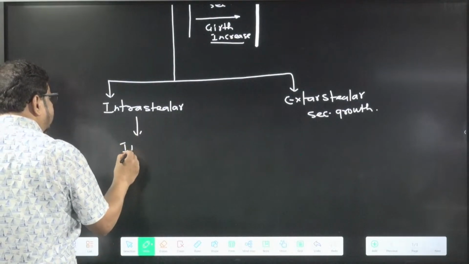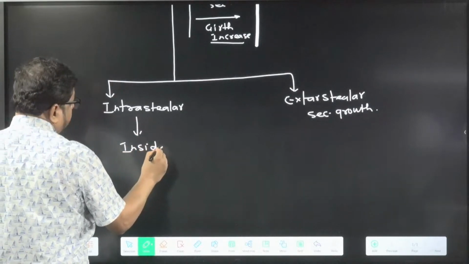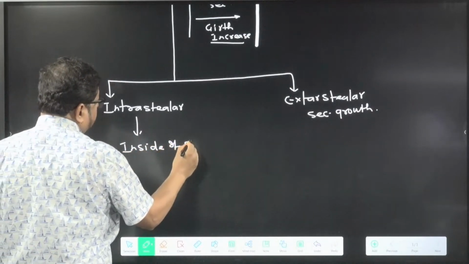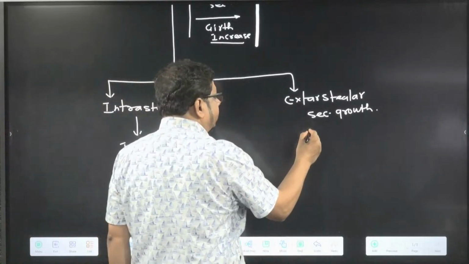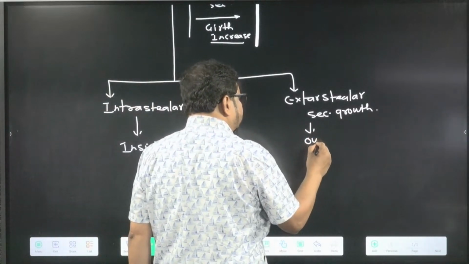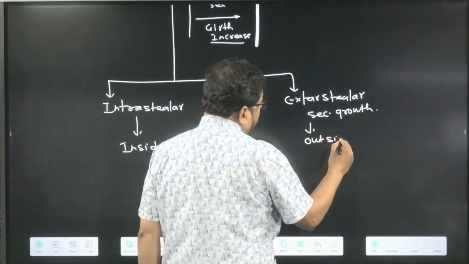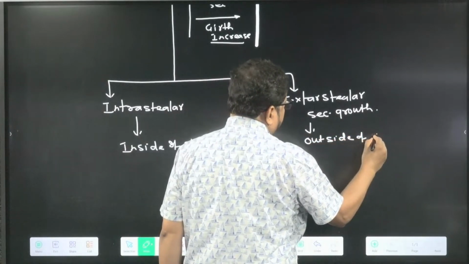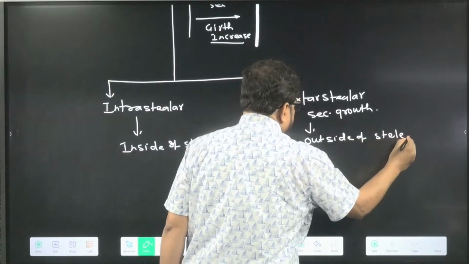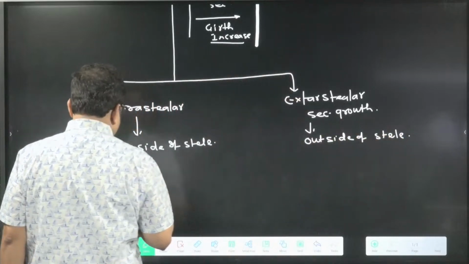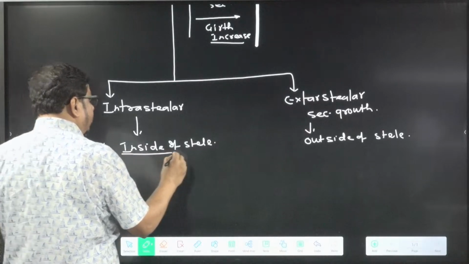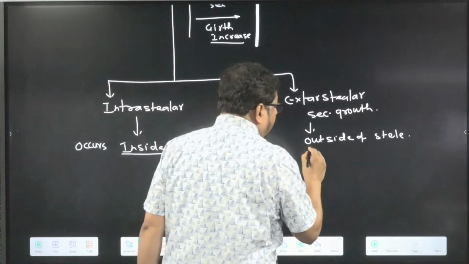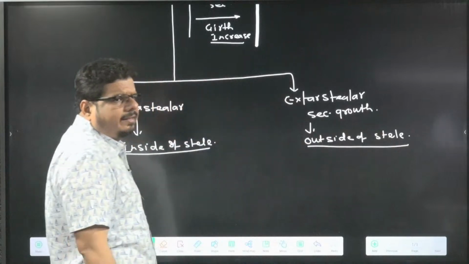Secondary growth inside of a stele. And extrastellar secondary growth occurs outside of a stele. Getting the idea or not?